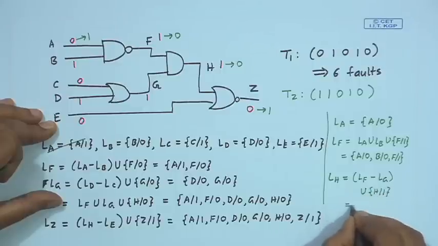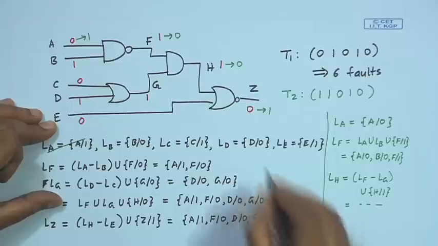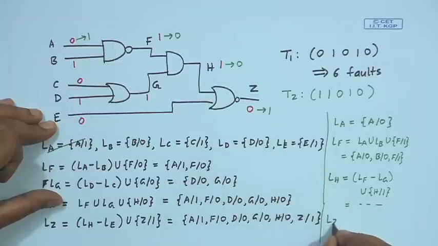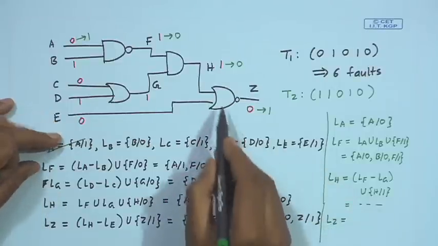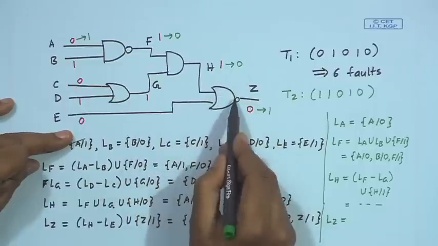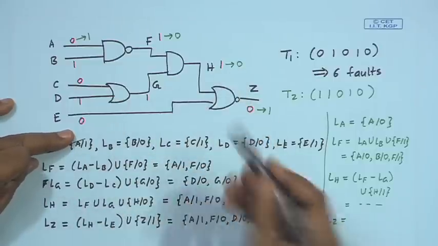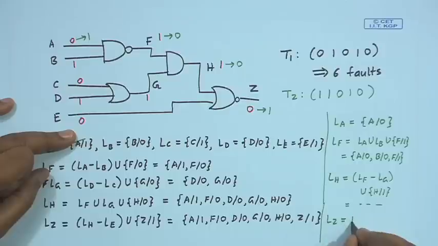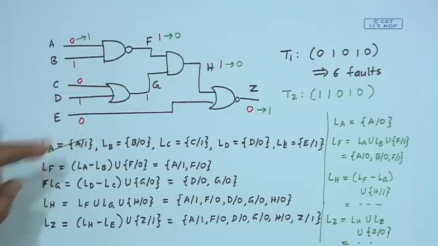You can similarly calculate, and finally, when you come to Z, LZ will be 0 0 in NOR. So, if any one of them changes, output will change. So, it will be LH union LE union Z stuck at 0. This you can calculate similarly.